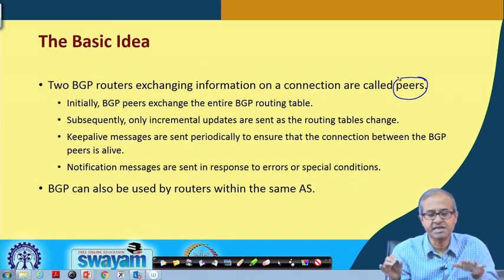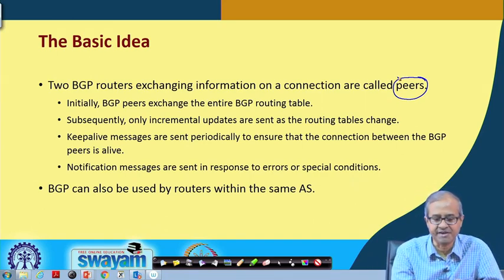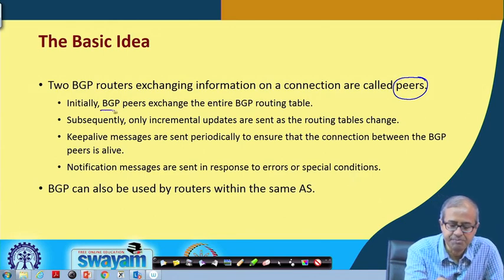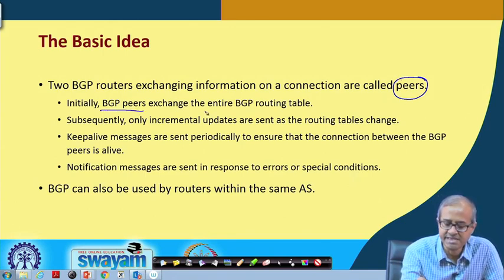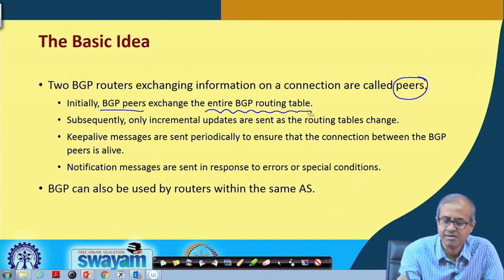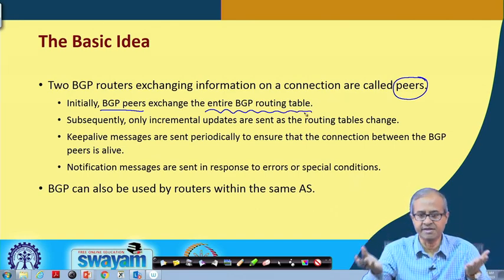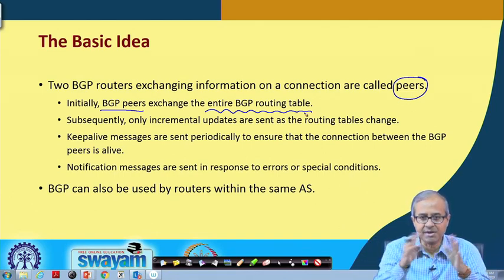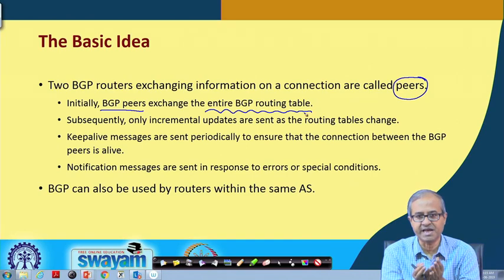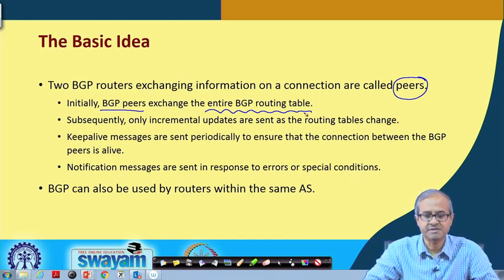Initially when everything starts up at the very beginning, the BGP peers will exchange the entire routing table with the neighbors. Initially when the network comes up, suppose I am one of the peers, I will send my entire routing table information that I have to my neighbors.